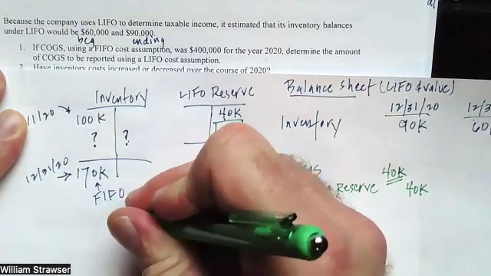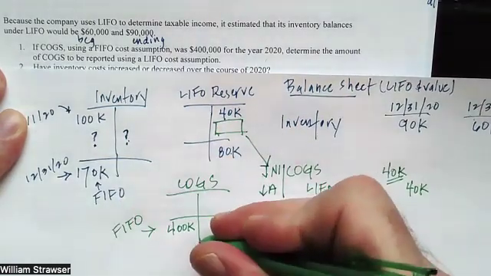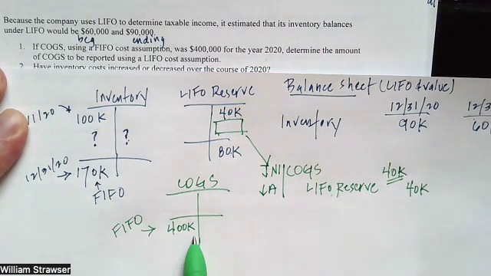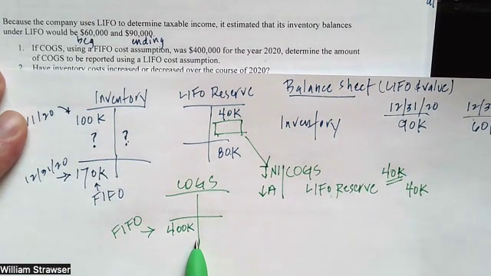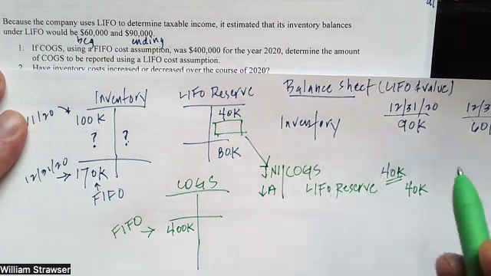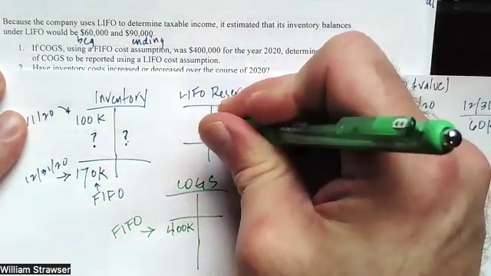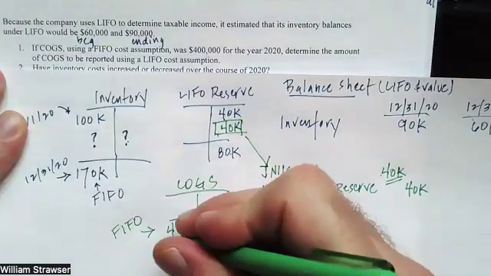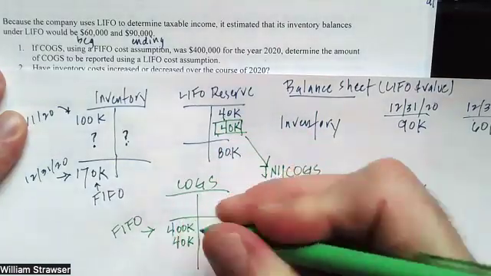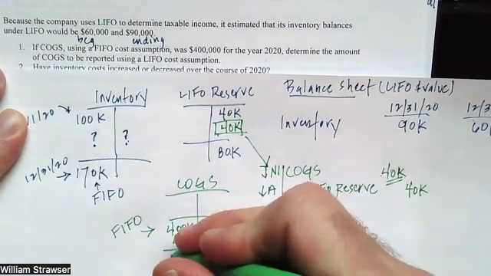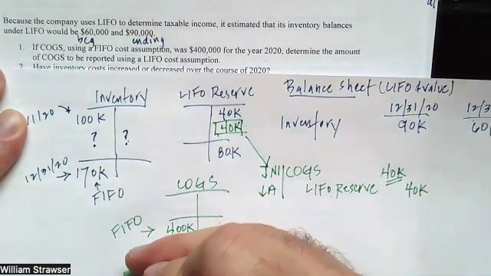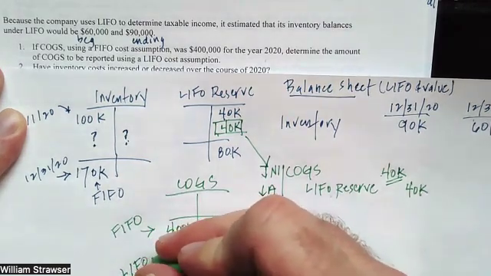It's still in FIFO at the unadjusted because we haven't made the change that will introduce the extra cost of goods sold under LIFO. Now we debit it by the 40 we credited up here, and debited down here in cost of goods sold. And we end up reporting $440,000. This is LIFO cost of goods sold.